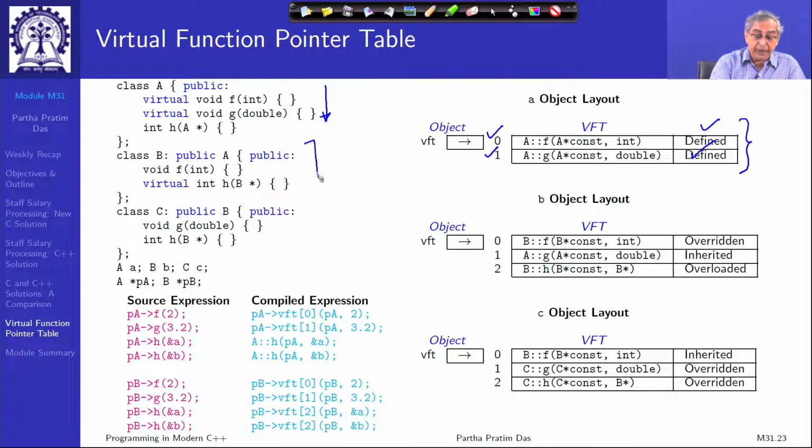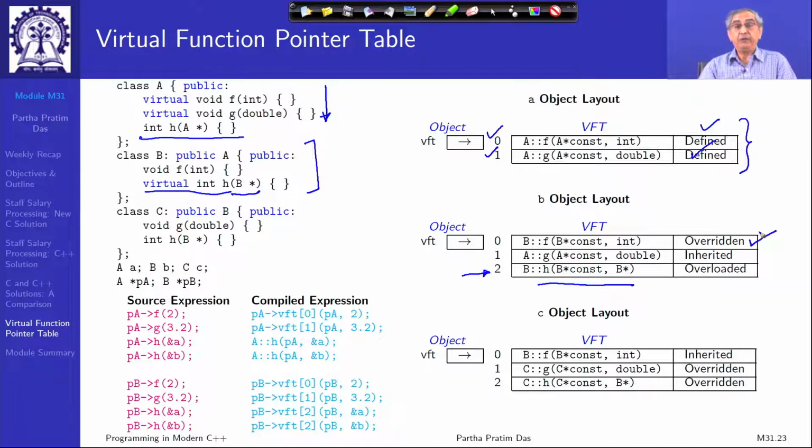When you come to B, note that in A, H does not make it to the virtual function table, because it is not virtual. But in B you have made it virtual. So, in B this comes in location 2, where I have this H function which takes a B star as an argument. So, what have I got? I have inherited f and overridden it, so I have a new B colon colon f.